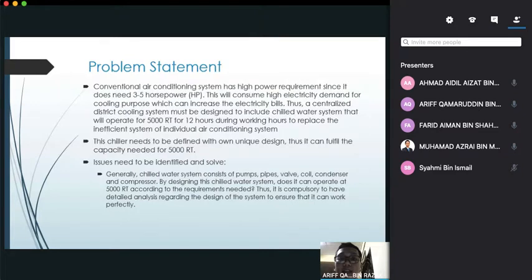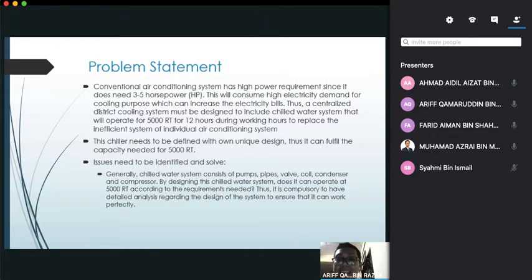So moving on to the problem statement, as we know, conventional air conditioning will produce high power and consume high electricity bills. So this chiller we need to design with its own unique characteristics so it can fulfill the capacity needed. So the issue is, can it operate 5,000 RT according to the specification that we have endorsed?